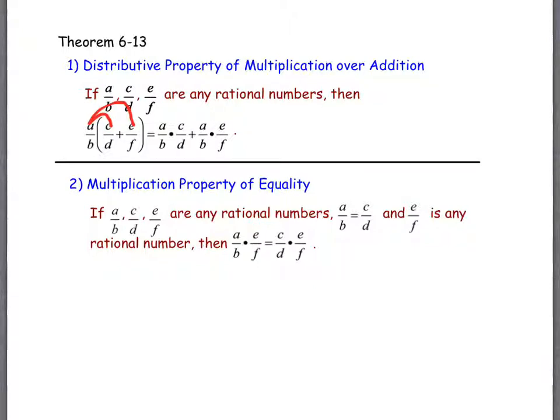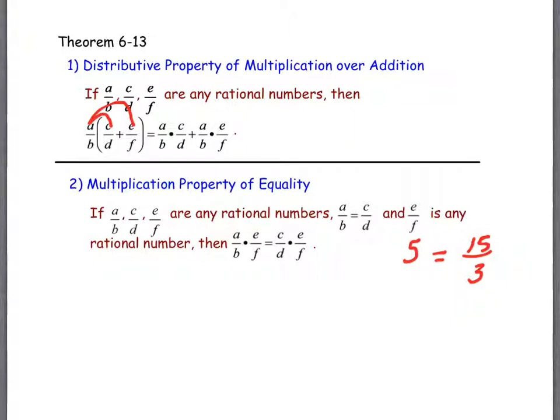We also have the multiplication property of equality. And what that says is if we have something equal to start with, that is if a over b equals c over d, then we can multiply both the a over b and the c over d by the same thing, and it won't change the equality. And you guys know this to be true, right? If I had this written as 5 equals, and we'll write 5 in a different way, just for fun, 15 over 3.